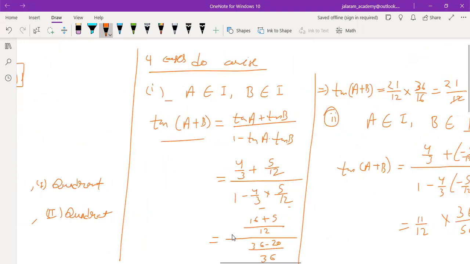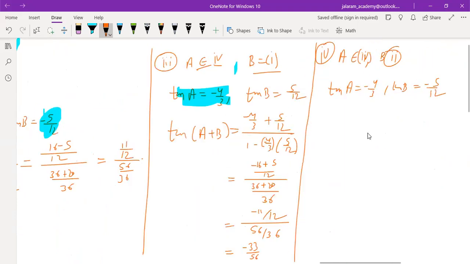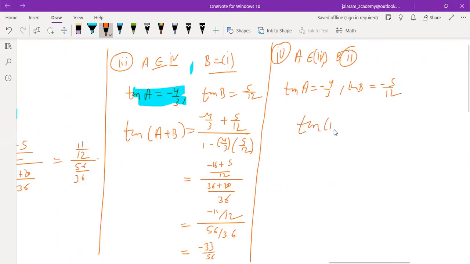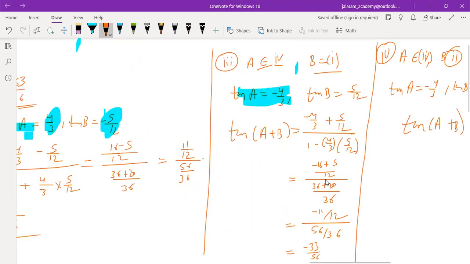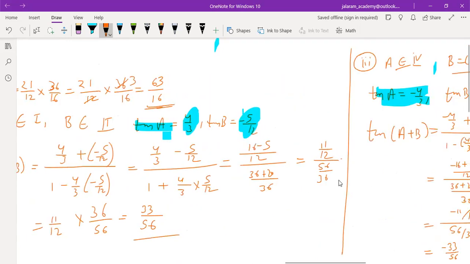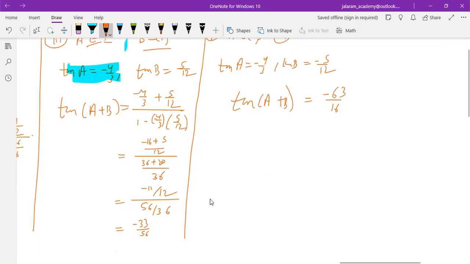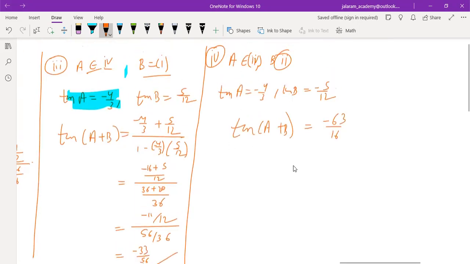So in case 1, we have obtained tan(A+B) equals 63 by 16. And what will it give? Just opposite to that, minus 63 by 16. So there are four answers: 63 by 16, 33 by 56, minus 33 by 56, and minus 63 by 16.